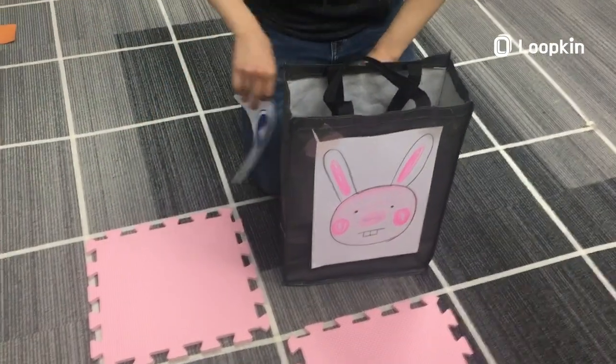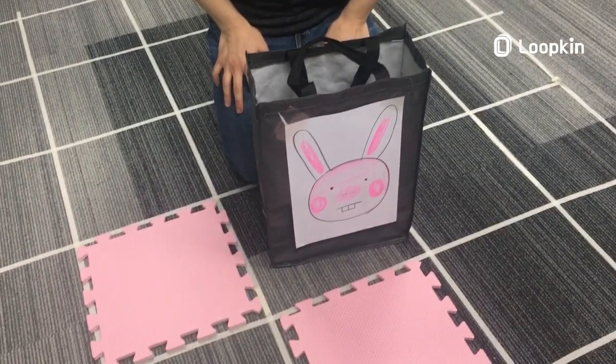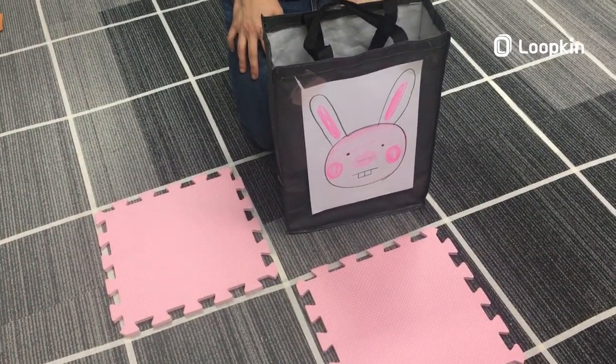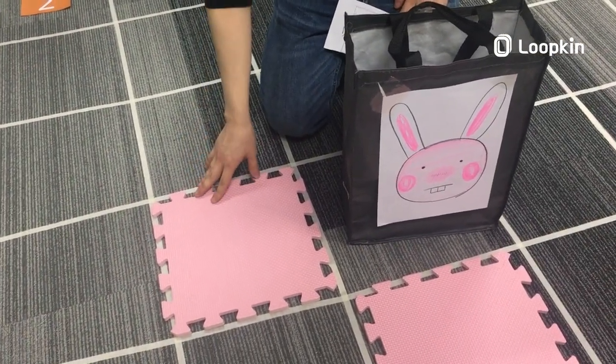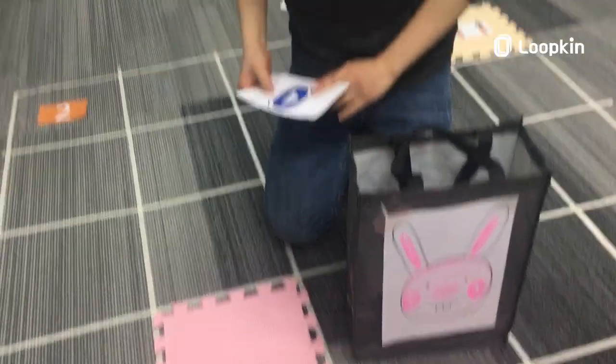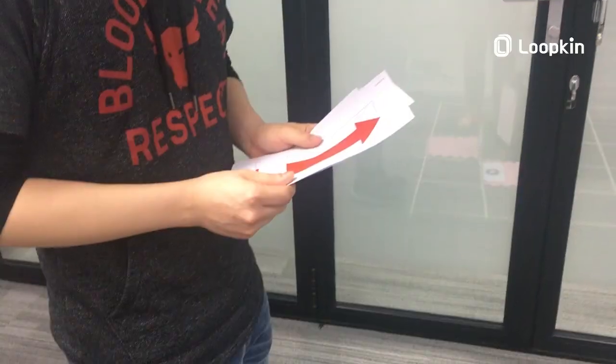And ask the children, where do you want to catch the bunny bag? They will tell you the places. For example, let's say they want to catch the bunny bag from here. Then gently put the catch button in that place.